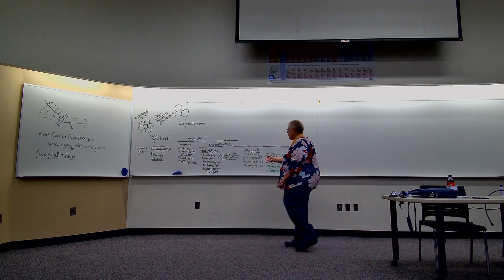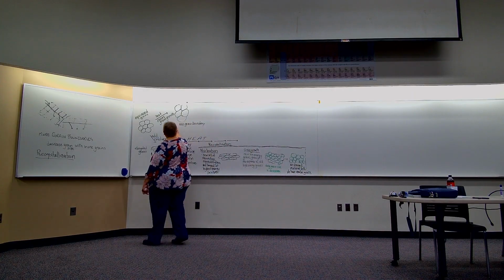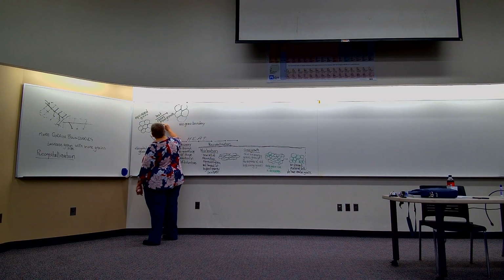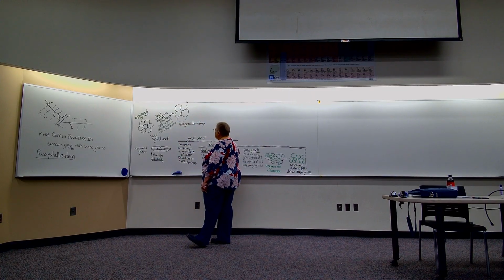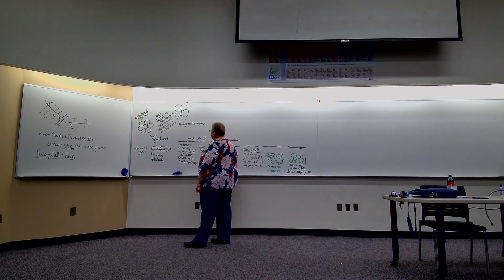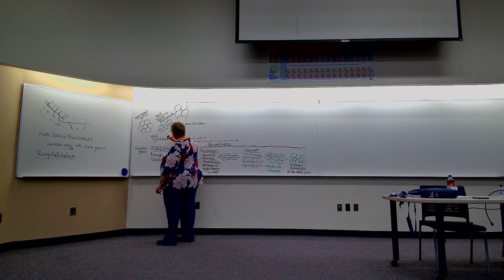So we call this grain growth, we also call this grain growth. And in this kind of grain growth, large grains grow at the expense of small grains. So the average grain size is increasing.